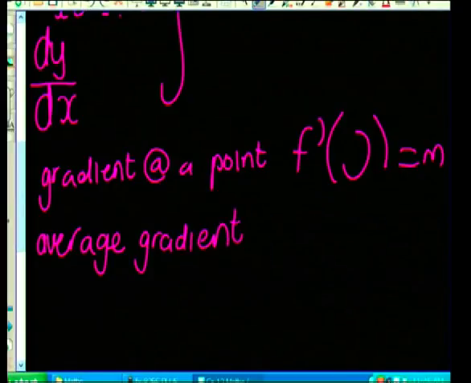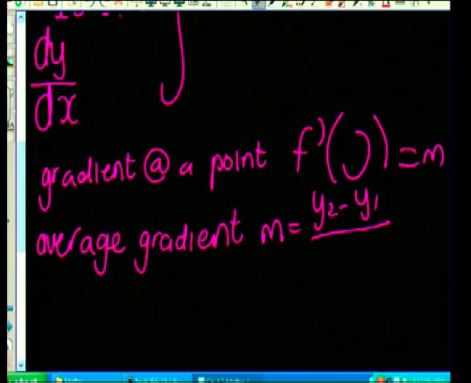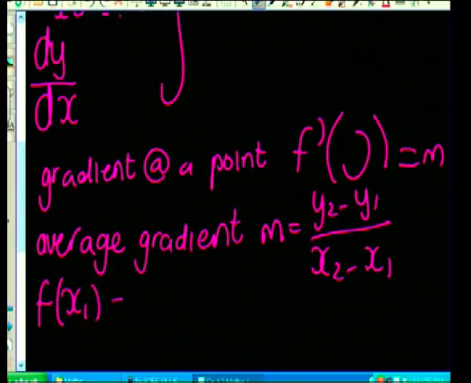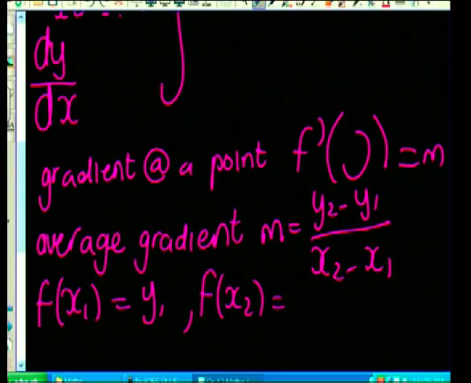And this was when we used m equal to y2 minus y1 over x2 minus x1. So we found the different points. We found y1 by substituting x1, and we found y2 by substituting x2, and we substituted into this equation to get your m.